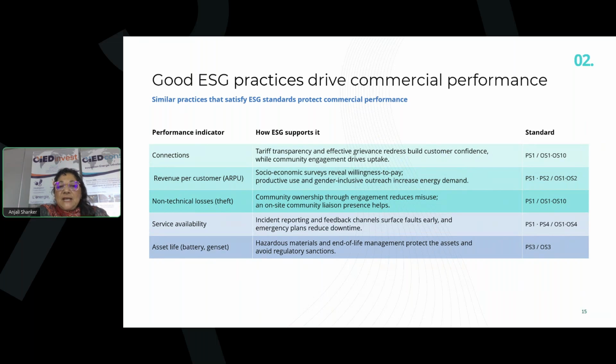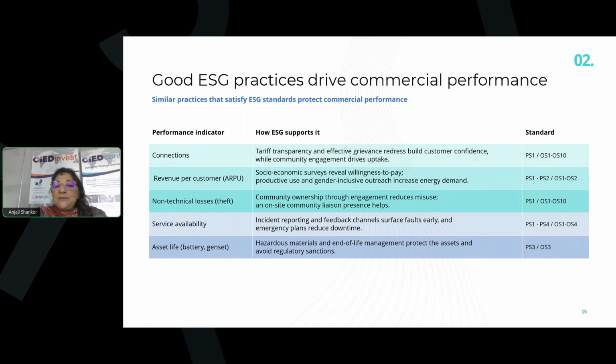Now, ESG can support this with a proper stakeholder engagement plan right from the start. One key and delicate issue always is tariff transparency and the way that the tariff is implemented. All of us being practitioners know the challenges between kilowatt-hour prices and cost of service. So having proper stakeholder engagement and information really is key to avoiding conflict and building ownership locally.